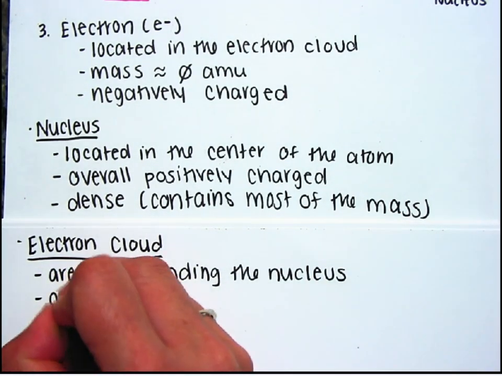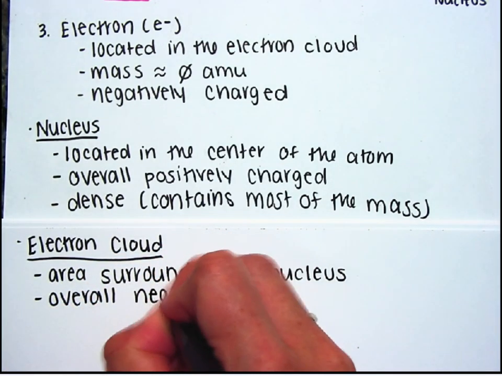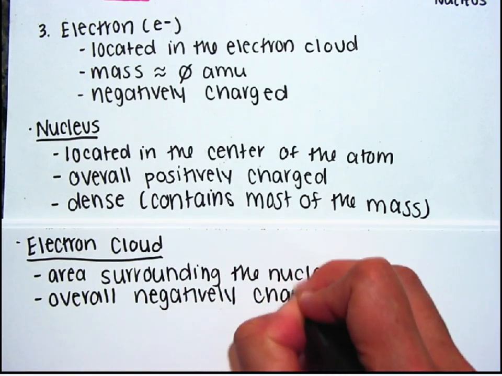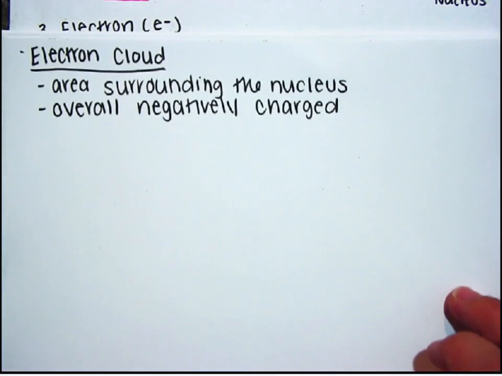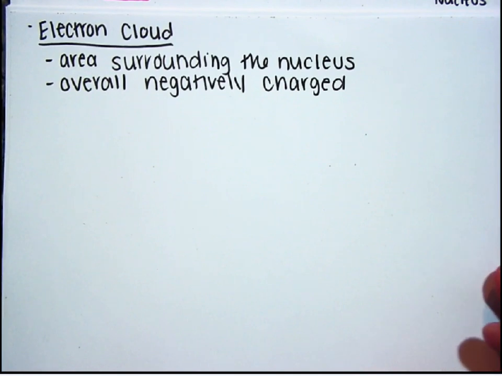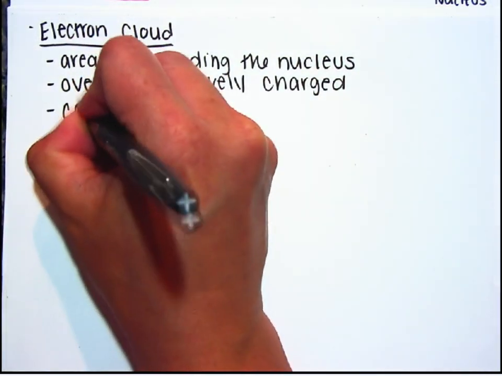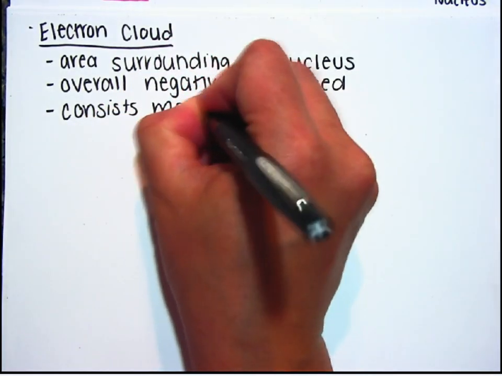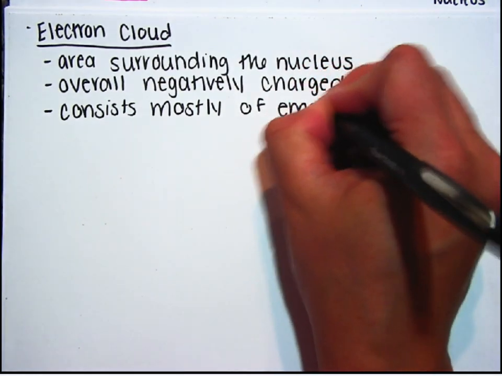The electron cloud is overall negatively charged. The electron cloud has electrons in it. Electrons are negative, so the electron cloud is negatively charged. The electron cloud consists mostly of empty space.